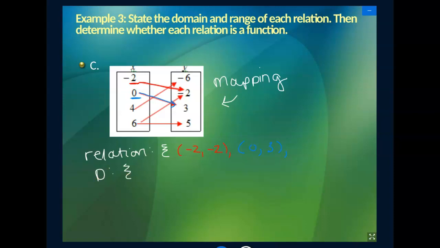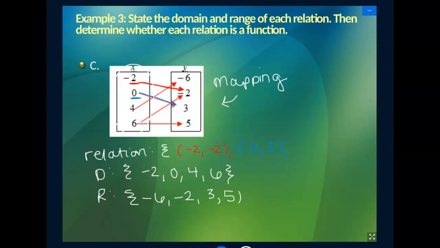So domain and range are easy. The domain is the x for the first column. So -2, 0, 4, 6. Range is the second column. So -6, -2, 3, and 5.